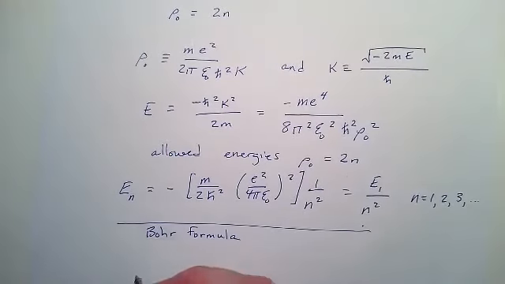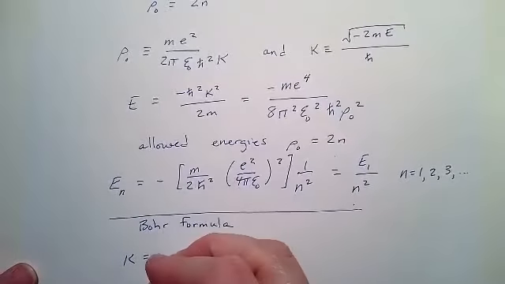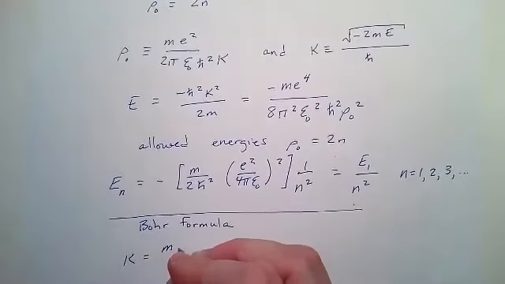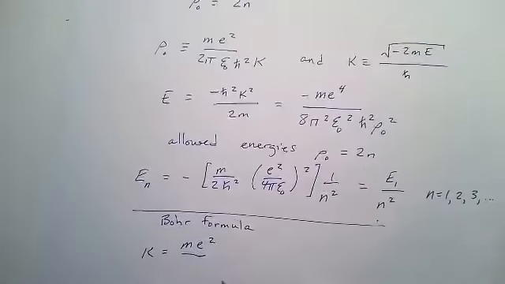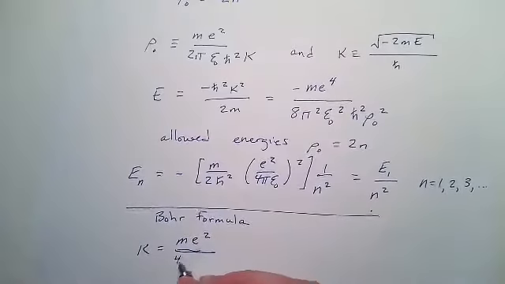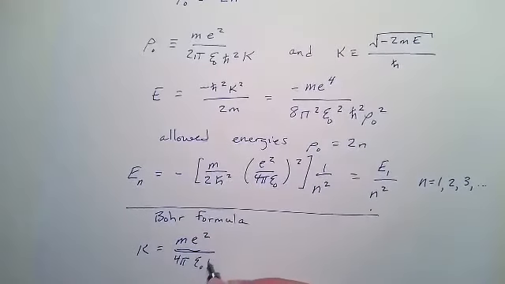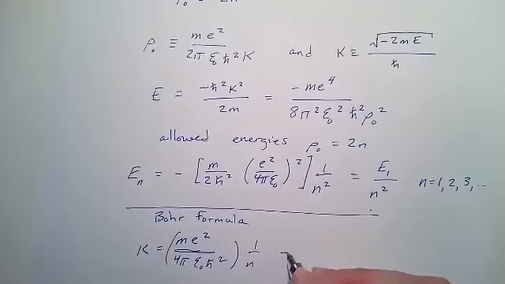Right? So in terms of this, we can write kappa as being m e squared over 4 pi epsilon naught h bar squared times 1 over n.